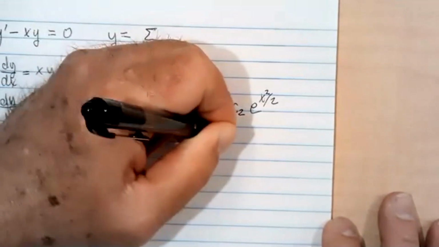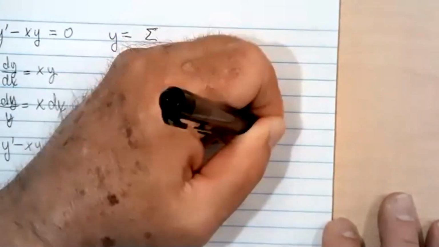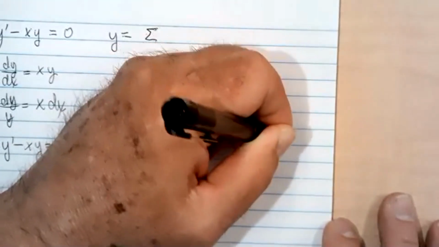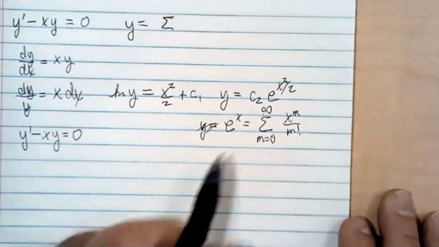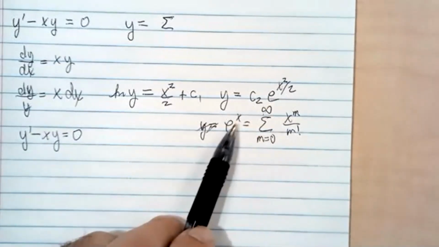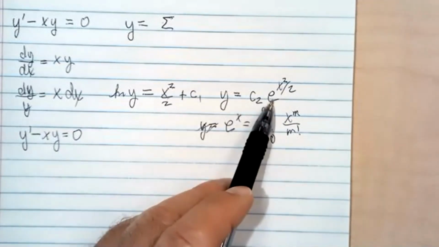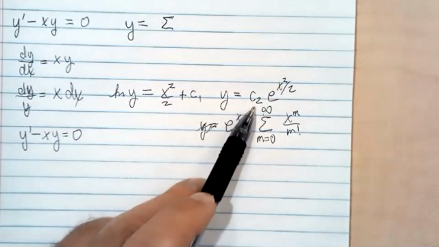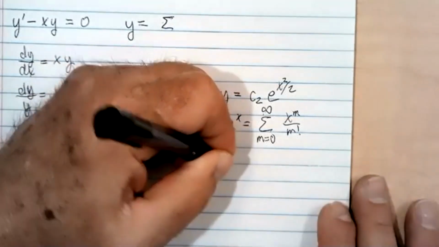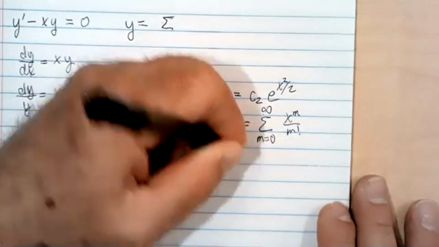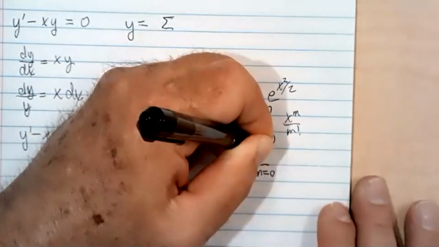We know this, e to the x is the sum, m goes from 0 to infinity, x to the m over m factorial. So we know that pattern. If we were to replace this x by x squared over 2, we should have the series for e to the x squared over 2. The constant part, we'll not worry too much about that right now. E to the x squared over 2 is the sum, m goes from 0 to infinity.